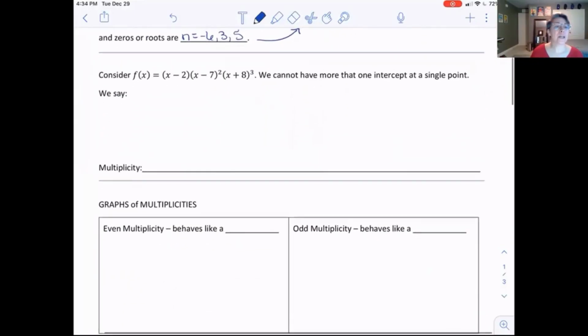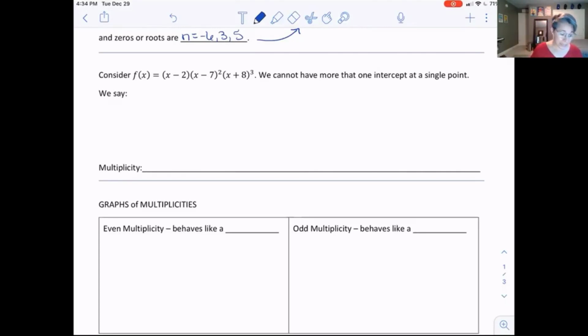Let's consider f of x equaling this polynomial, where we have the binomial x minus 2, multiplied by the binomial x minus 7, that quantity squared. So technically, 2 of those are showing up. And then we have 3 of the x plus 8. The problem is, we can't have more than one intercept at a single point.